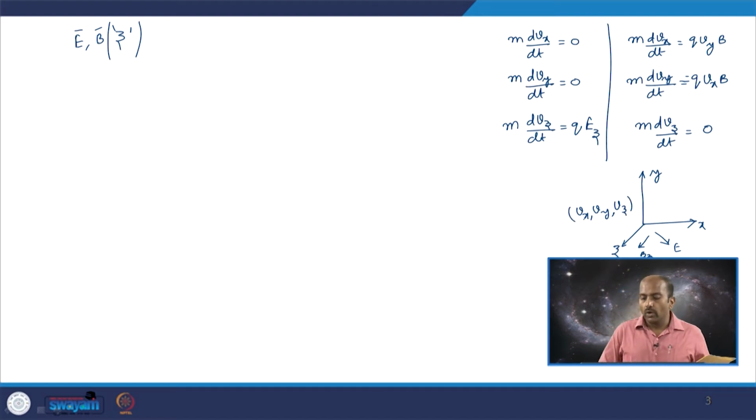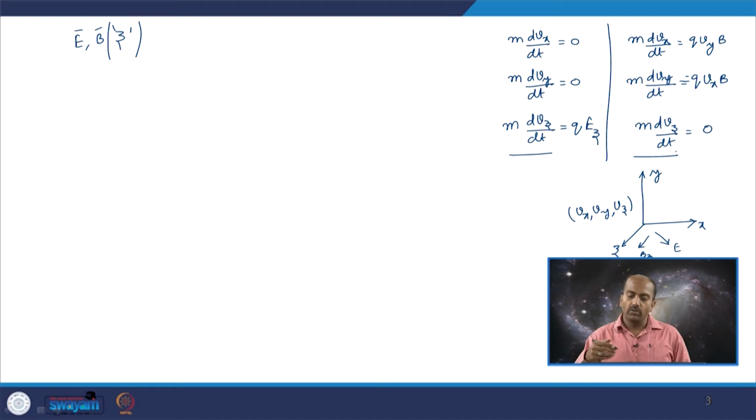As long as the velocity component is parallel to the magnetic field, it will not be influenced, right. So, when you want to write an equation of motion for the z component of velocity, it has to be this plus this. That means, the z component of velocity is simultaneously influenced by the electric field and the magnetic field.